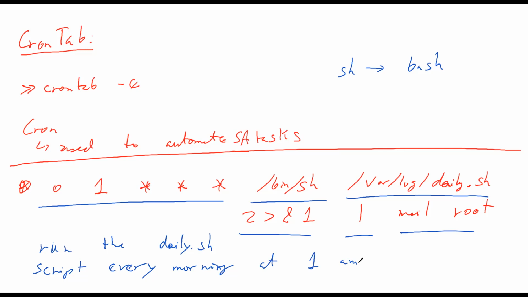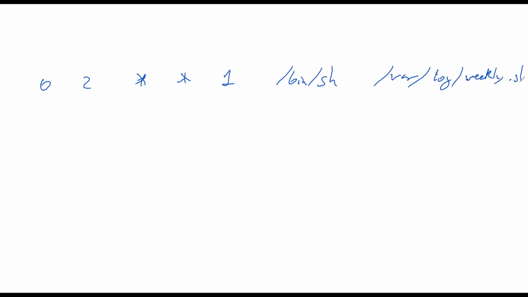Let's do a couple more, and then we'll move on to something else. Let's say I do 0 2 * * 1 /bin/sh /var/log/weekly.sh, and again 2>&1 pipe, mail, root.